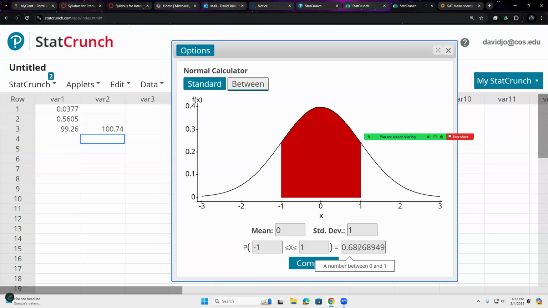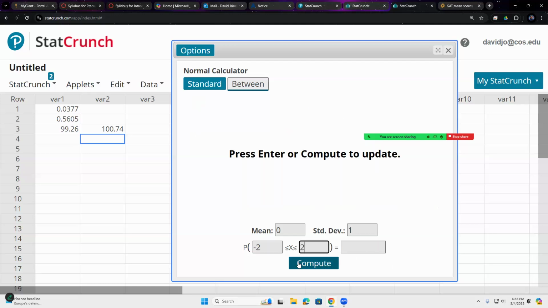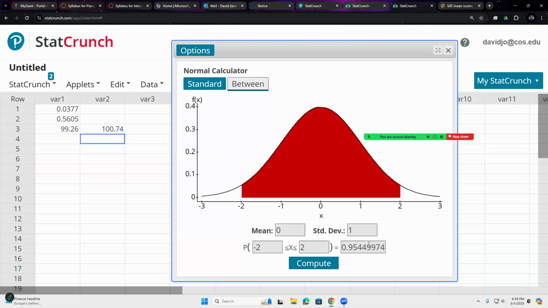The empirical rule is designed to give you fast numbers that are close enough. So within 1 deviation, we say 68%. It's really closer to 68.27%. When we say 2 deviations, we say 95, but this one's almost 95.5, it's 95.45.